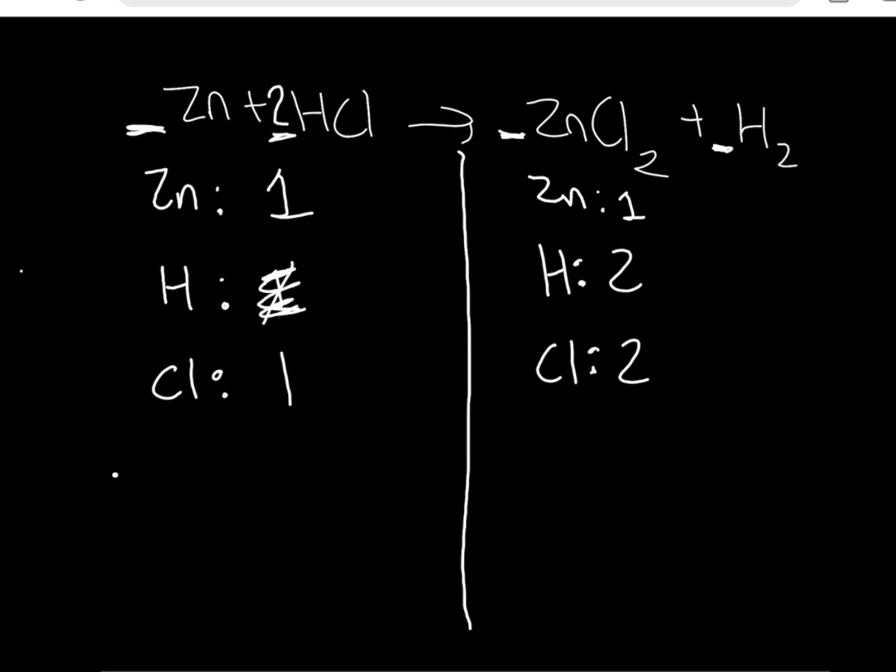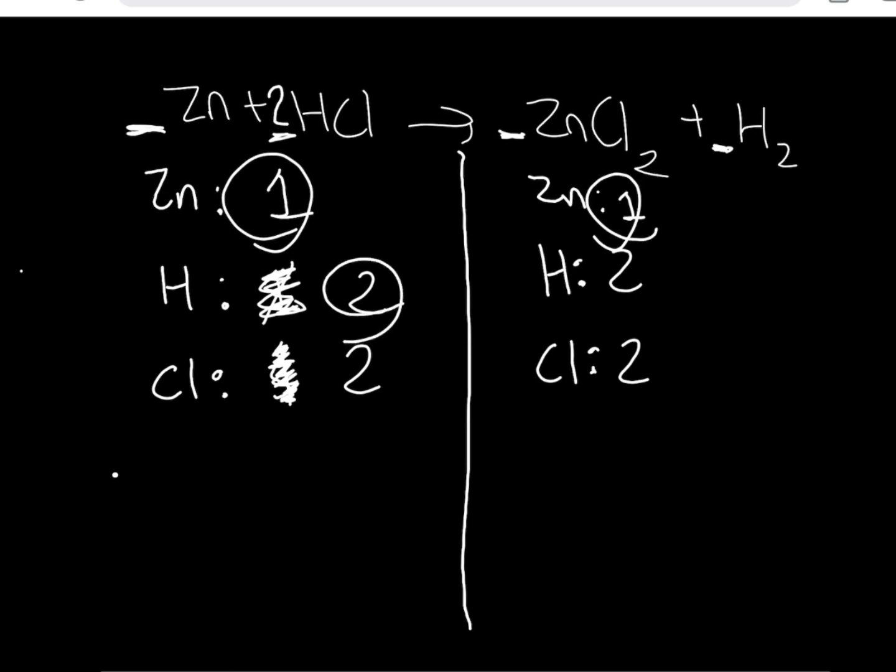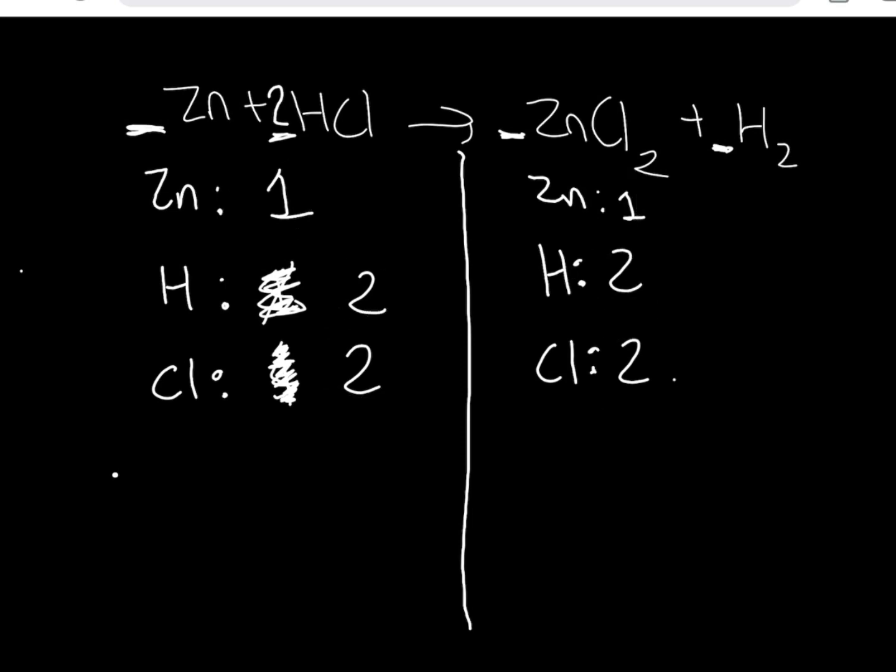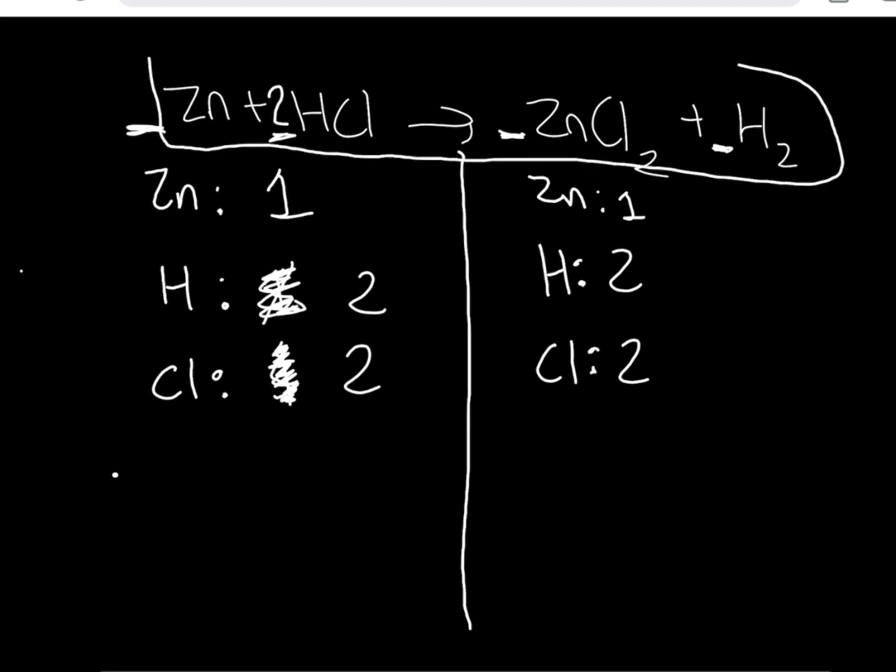So our new amount of hydrogen is going to be 2. And don't forget, you have to distribute the 2. So now there's 2 chlorine atoms. When you look at that, the stuff on both sides is the same. Therefore, this chemical equation is balanced.